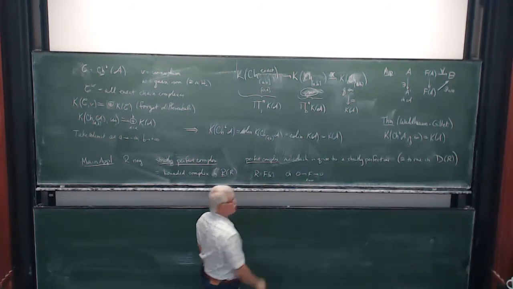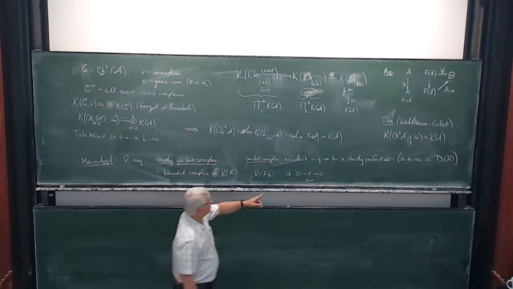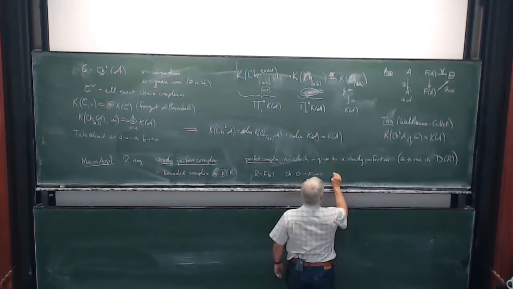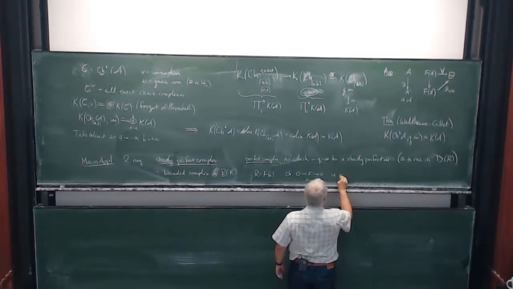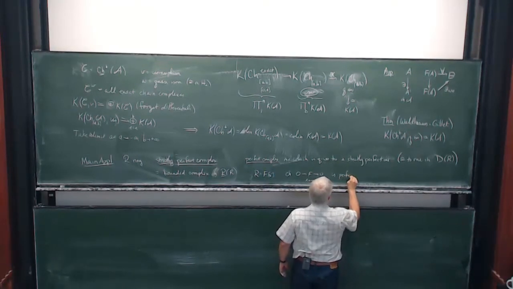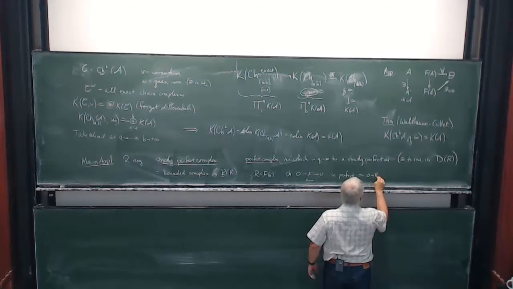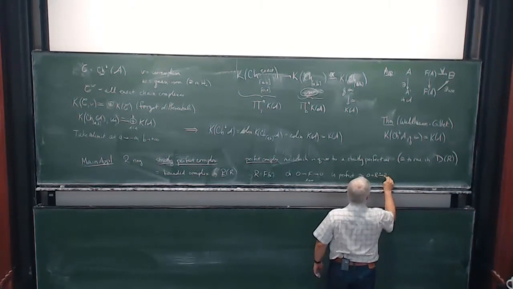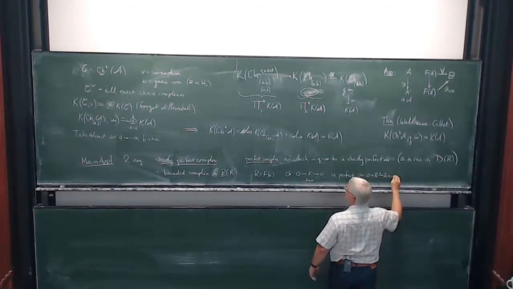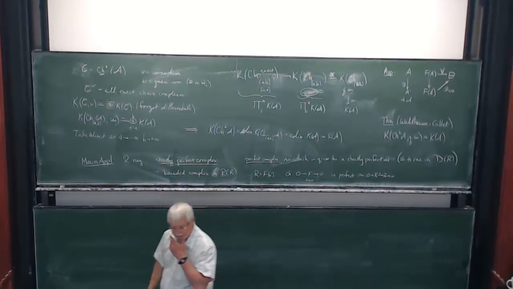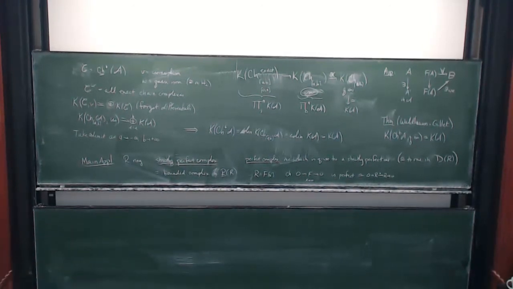So this is a module over the ring R. This is an example of something which is perfect, because it's quasi-isomorphic to the complex which is 0 to R, or multiplication by R, to 0. So that's an example of something that's perfect, but not strictly perfect.